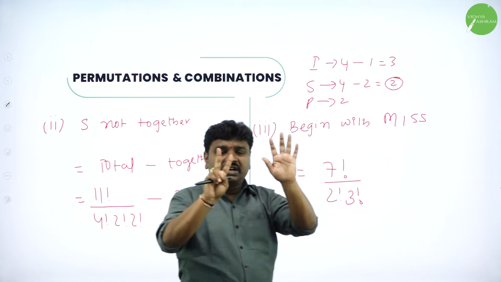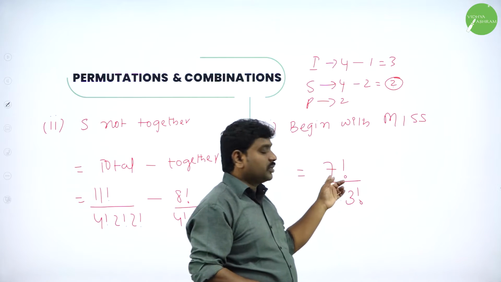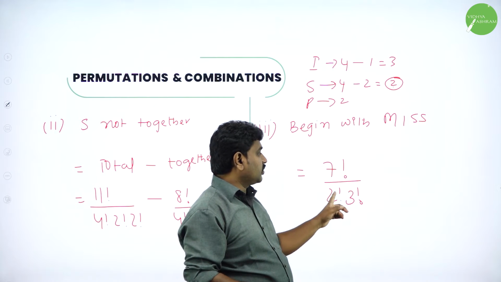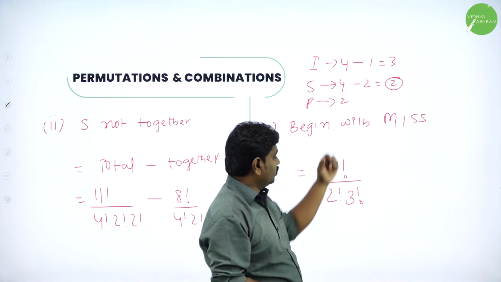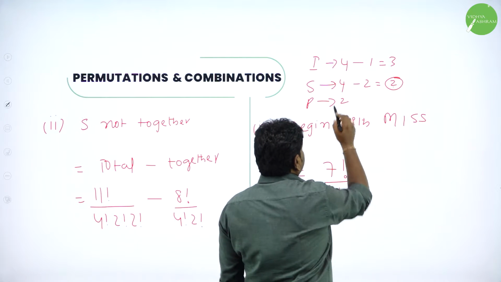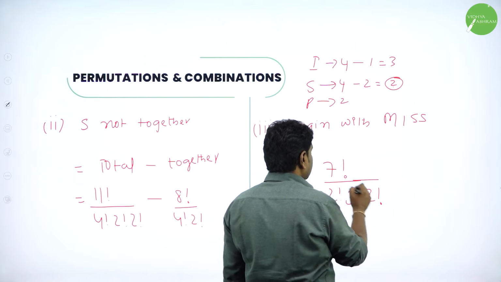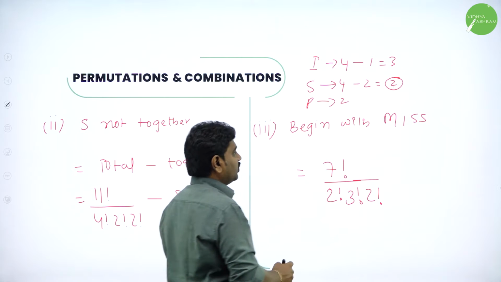So we have 11 letters. Out of 11 letters, 4 letters you remove. So we'll have remaining 7. 7 letters can be arranged in 7 factorial divided by repeating. So we have 2 more S values, so 2 factorial, and 3 factorial, and P's are also repeated, so 2 factorial. 7 factorial by 2 factorial into 3 factorial into 2 factorial.